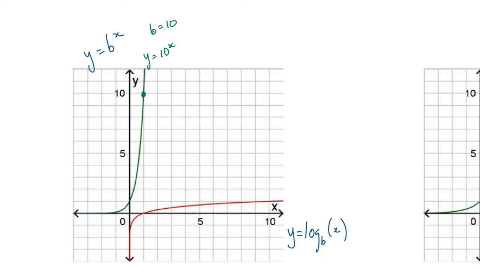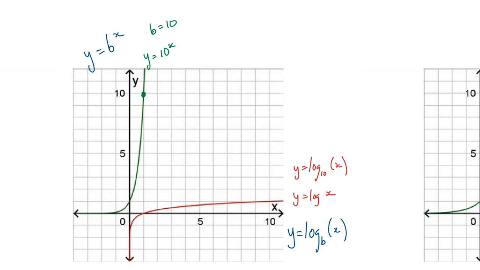In this case, the base is 10, so it would be y equals log base 10 of x, or y equals log of x, because remember, here's our review of the language of logarithms. When it's just log, it means base 10. Okay, that's just our standard. If there's no base written, it means base 10. If it's any other base, then you're going to have to write it. Okay, those are the inverse of each other.